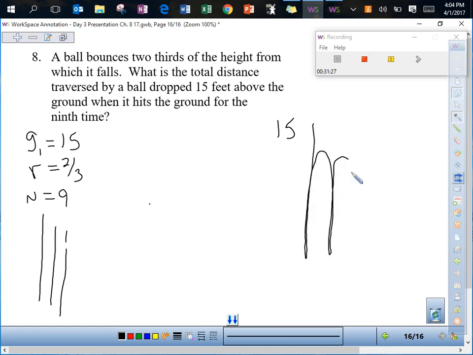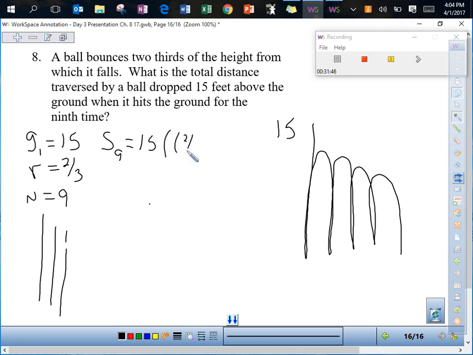So hang with me on this. The sum of these 9 bounces is going to be 15 times an extra parenthesis, 2/3 to the 9th minus 1, all over parenthesis 2/3 minus 1.